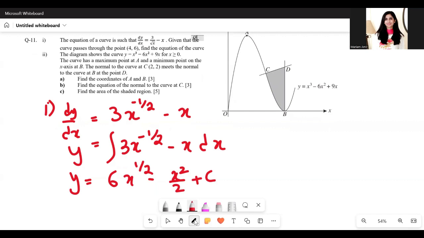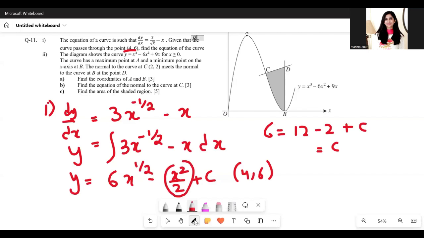Now we need to find the value of c, so we can substitute this given point (4, 6) in the equation of the curve. So that gives us 6 equals 6 times 4 to the power half, which is 6 times 2, 12, minus 4 squared is 16, 16 divided by 2 is going to be 8.